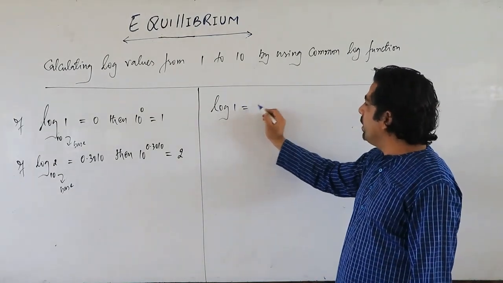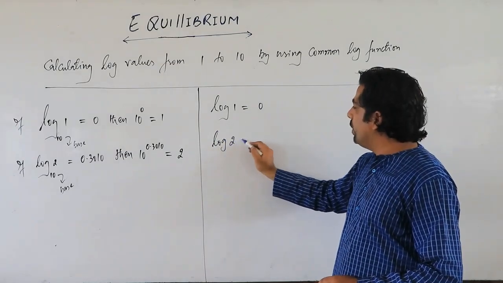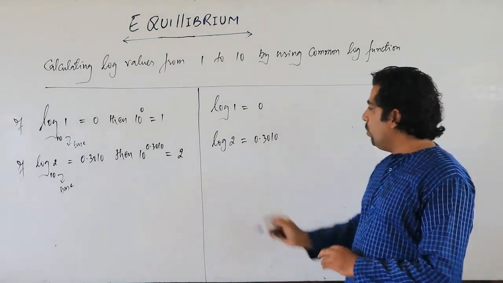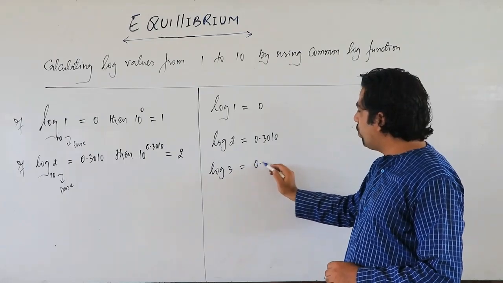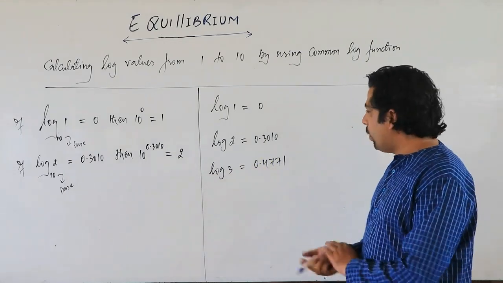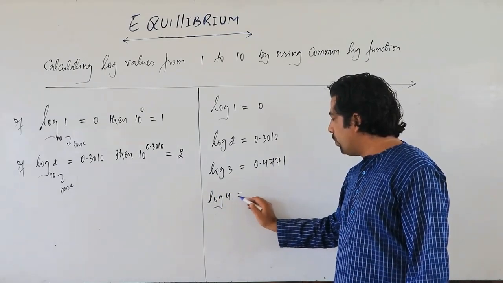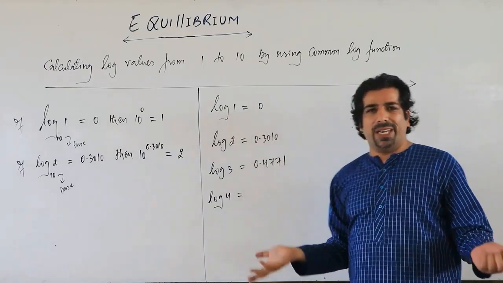So log 1 is equal to 0. Correct? What is log 2 equal to? Log 2 is equal to 0.3010. Correct? Now, what is log 3 equal to? Log 3 is equal to 0.4771, my dear friends. Okay? Now, what about log 4? What is log 4 equal to? You may be thinking that log 1 is 0, everybody can remember this.